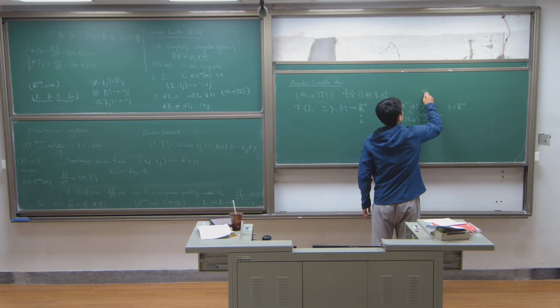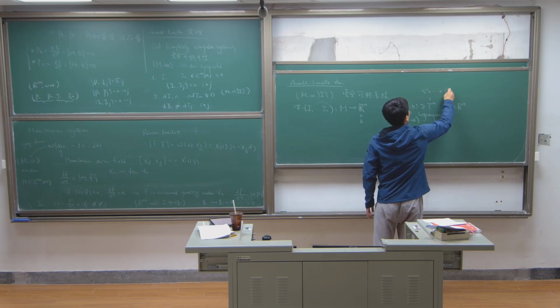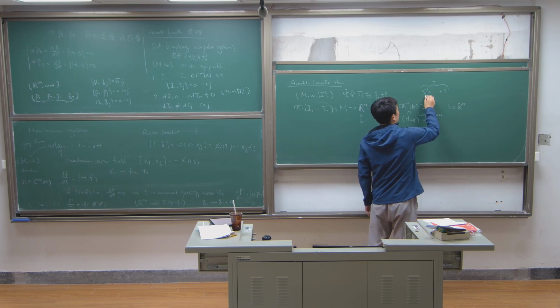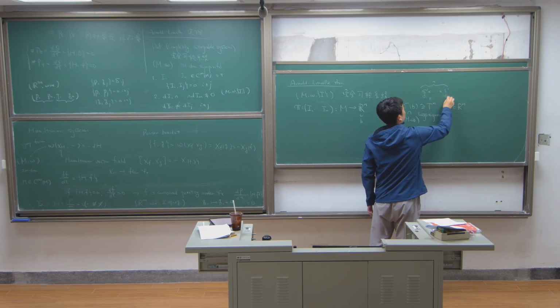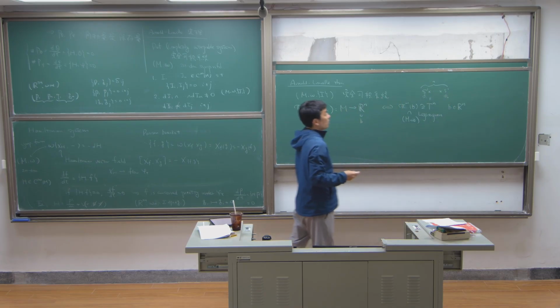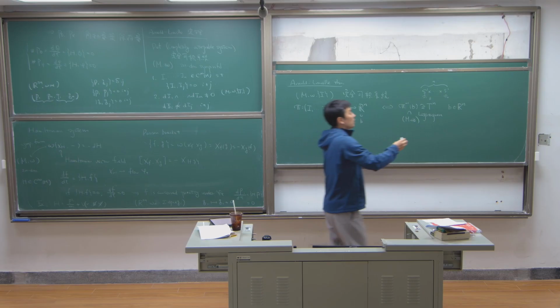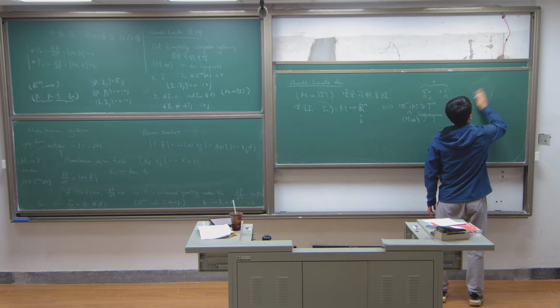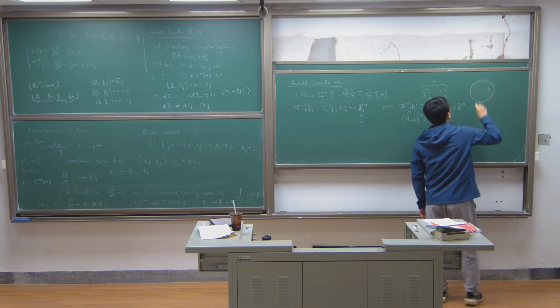Tn is essentially S^1, n of them, and phi_1 to phi_n are the coordinates of these S^1, just angle coordinates.